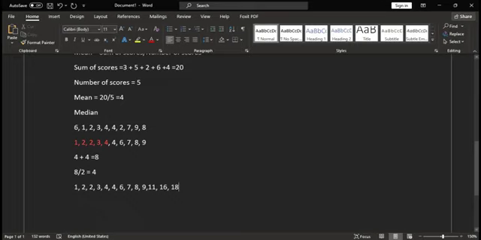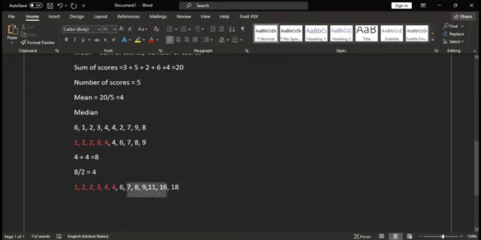That will make it 13: 1, 2, 3, 4, 5, 6, 7, 8, 9, 10, 11, 12, 13. 13 is an odd number, so we are definitely going to have one number in the middle. That will be 6 to the left and 6 to the right: 1, 2, 3, 4, 5, 6 to the left, and 1, 2, 3, 4, 5, 6 to the right.